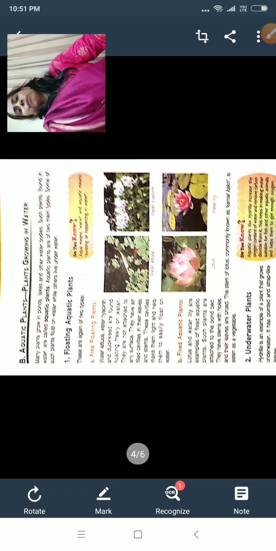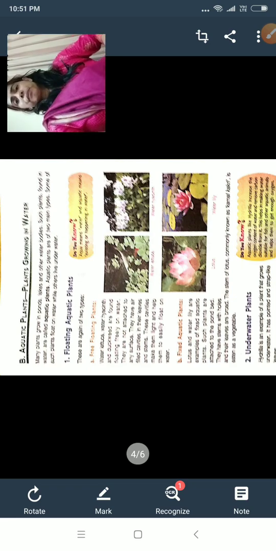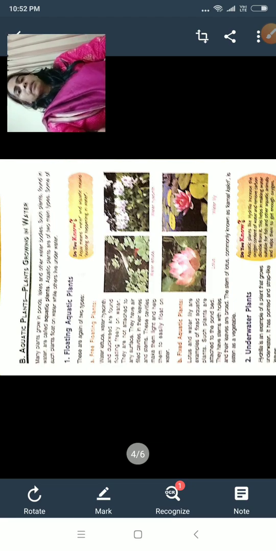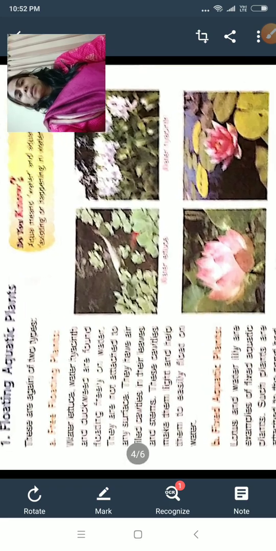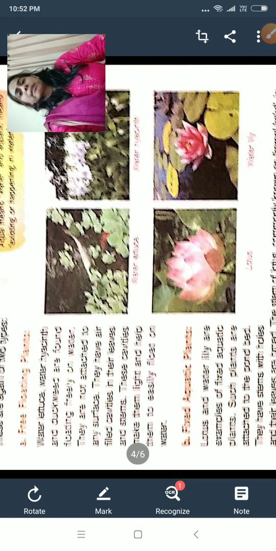Now see the diagram. What is your homework? You will draw two aquatic plants. You can draw by seeing the diagram in the book.